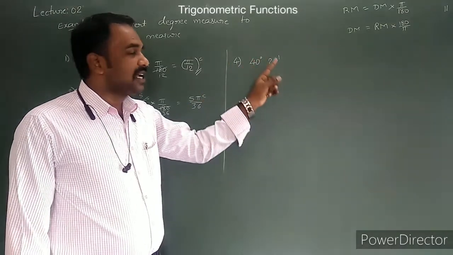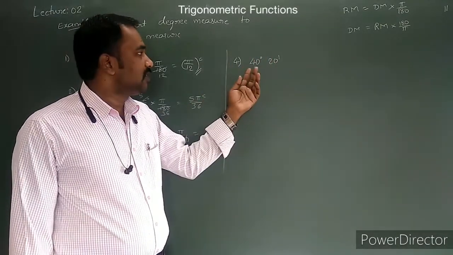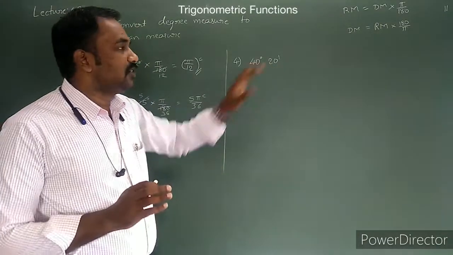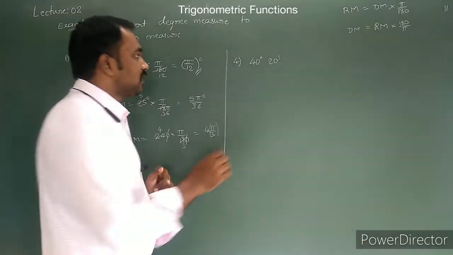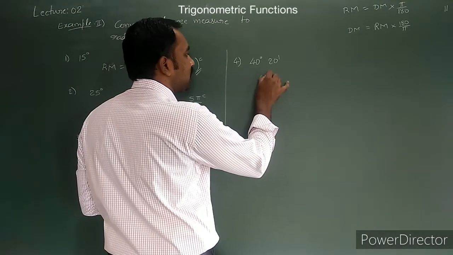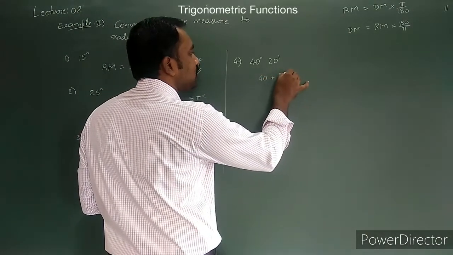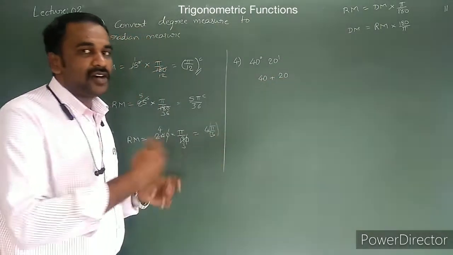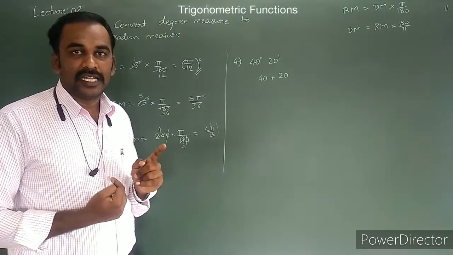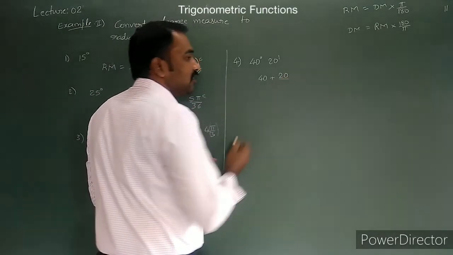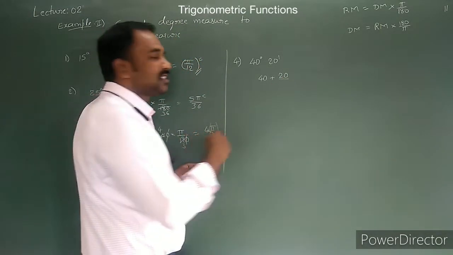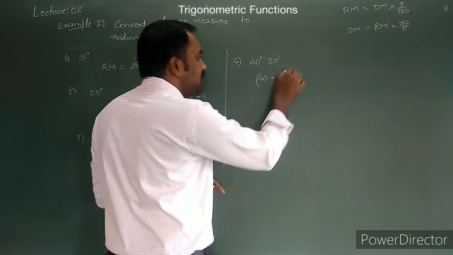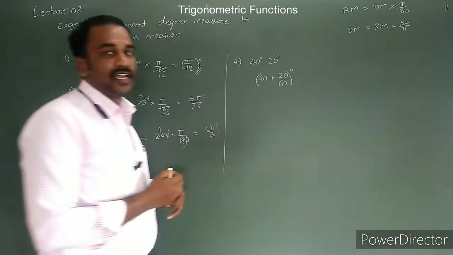Here, degree and minute are given, not the second. First we need to convert this value purely in terms of degree. How do you convert in terms of degree? It is 40 degree plus 20 minutes. This minute we have to convert into a degree. How do you convert? Multiply by 60 or divide by 60. In this case, it is divided by 60. Now it is purely converted into degree.